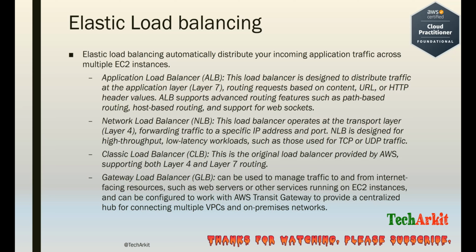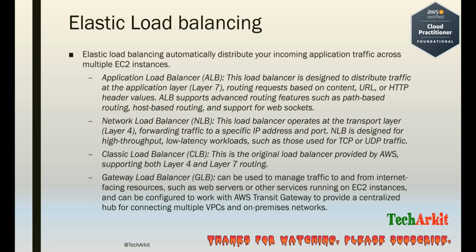And there is one more called gateway load balancer, which can be used to manage traffic to and from internet facing resources such as web servers and other services running on EC2 instances, and can be configured to work with AWS Transit Gateway to provide a centralized hub for connecting multiple VPCs and on-premises networks.